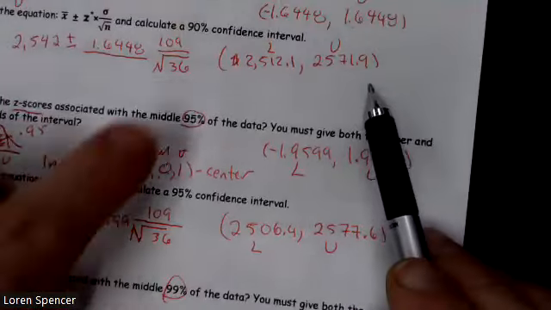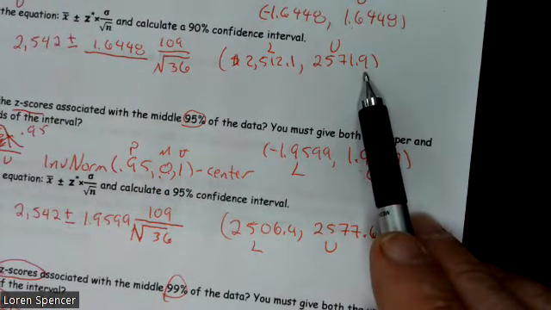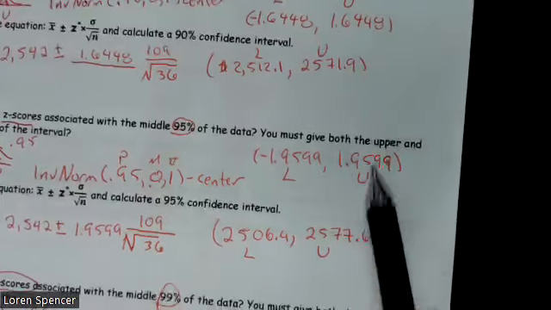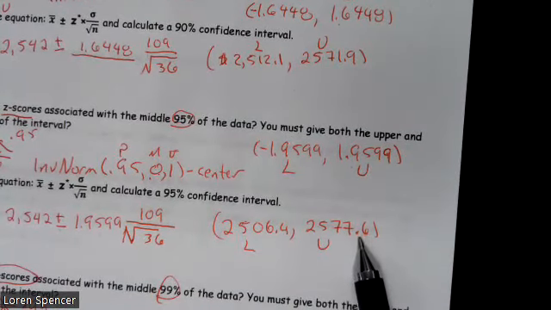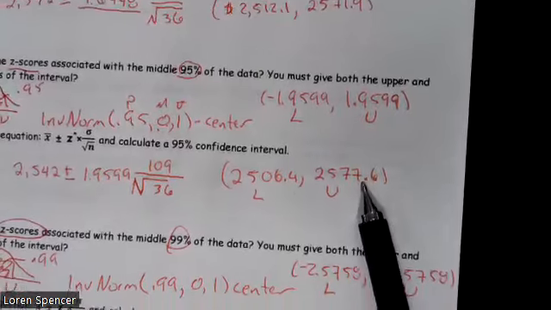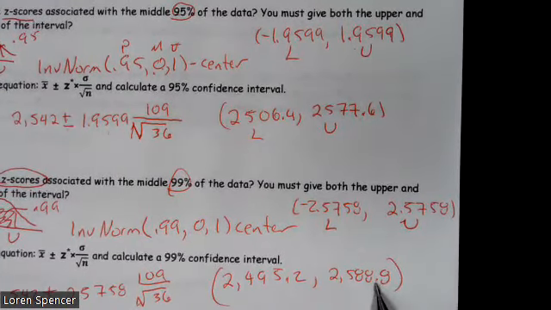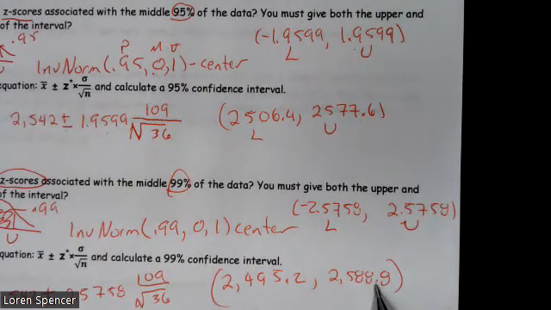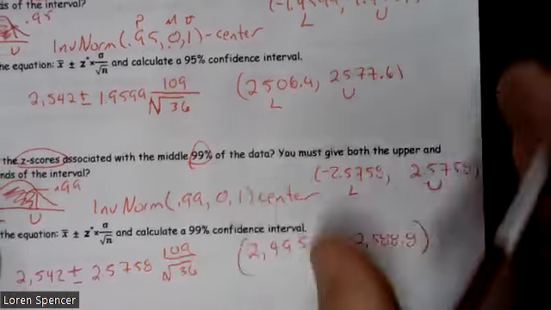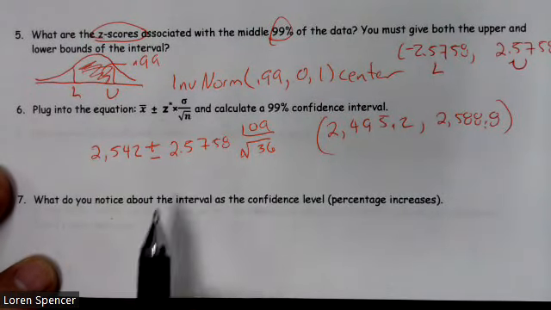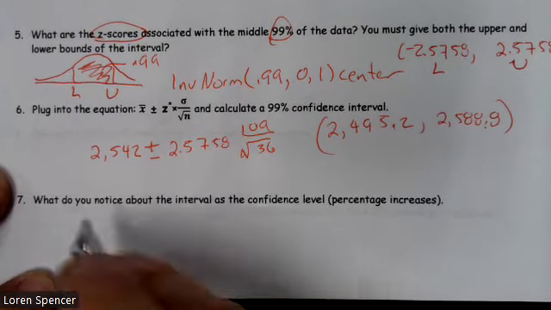Our highest value for 90% was 2,571. When we went to 95, it went up $6 to 77. Then when we went up to 99, it went up even farther, from 77 to 88, so $11. So what we noticed is it got wider. It got wider because we had more standard deviations. Our z-score increased.